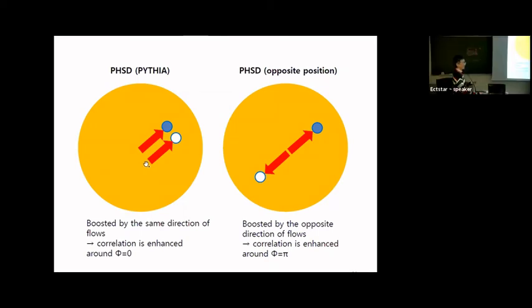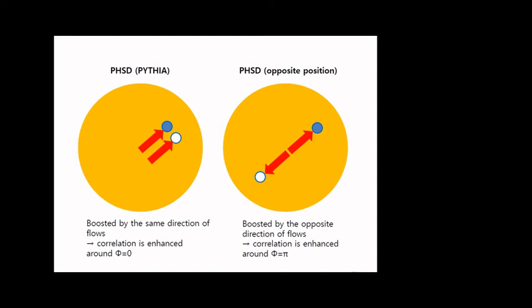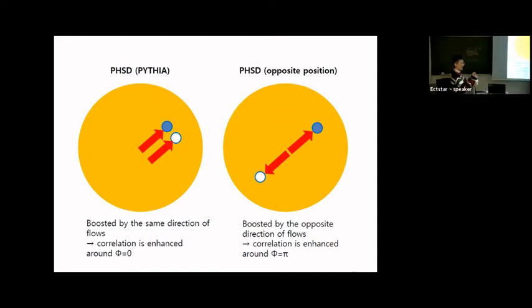A heavy flavor pair is produced at the same point. They are together initially, heavy quark and heavy anti-quark. And then each heavy quark and heavy anti-quark has random kicks or random scattering. So each has independent Brownian motion.